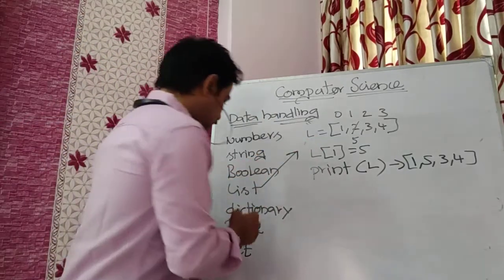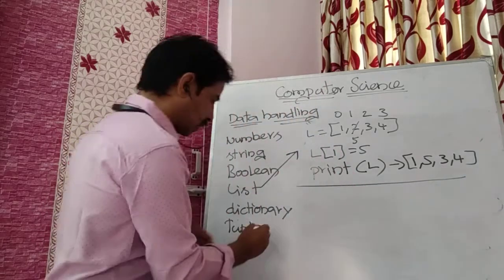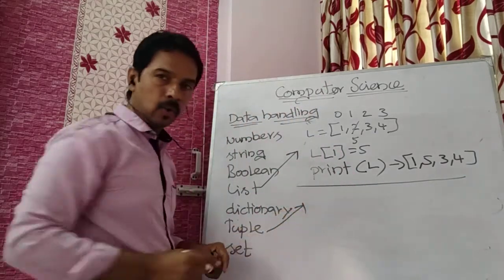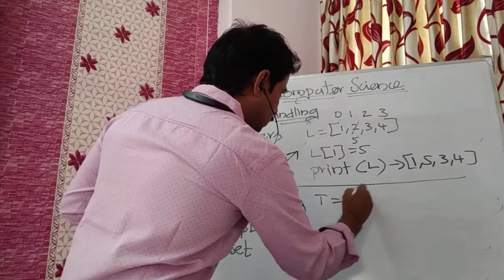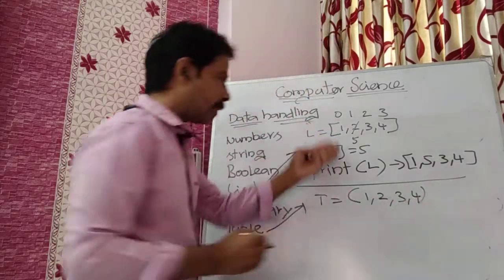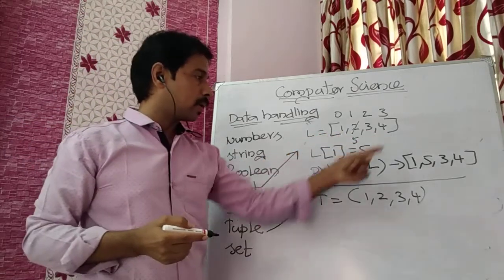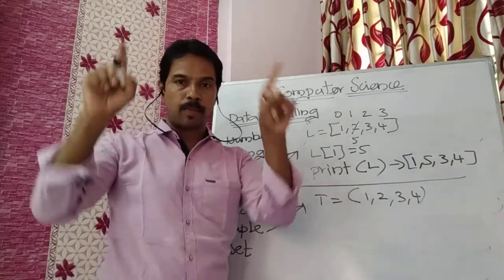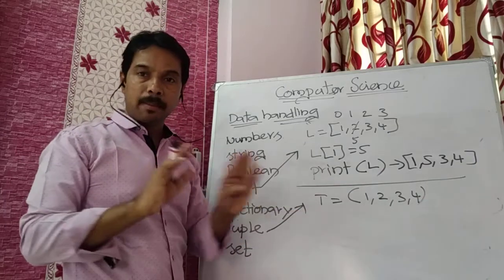Okay. Same way, you see the same content only, even for a tuple. So that we will see now. See, tuple T is equal to (1, 2, 3, 4). The same thing I am writing. But see the difference here: square brackets there, here parenthesis symbol, open close. That is the main difference. And you cannot do modification.